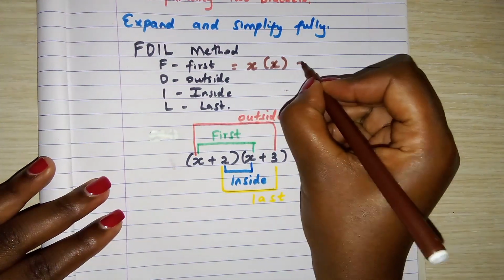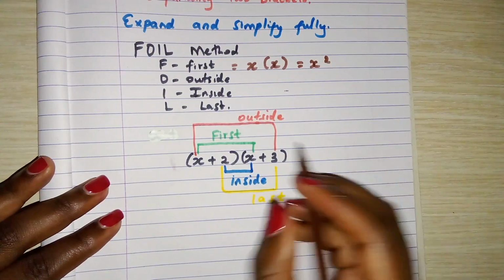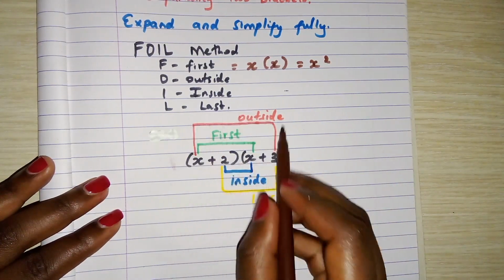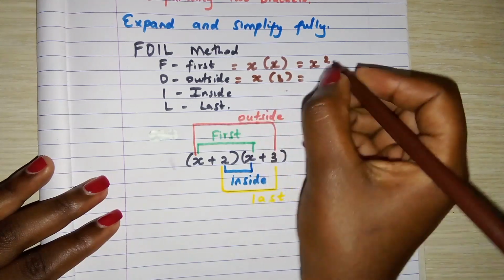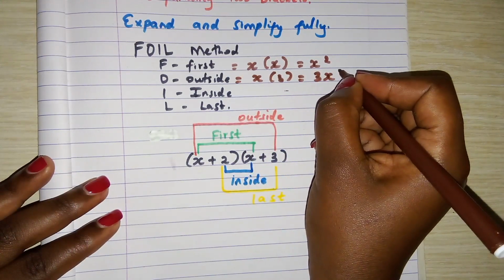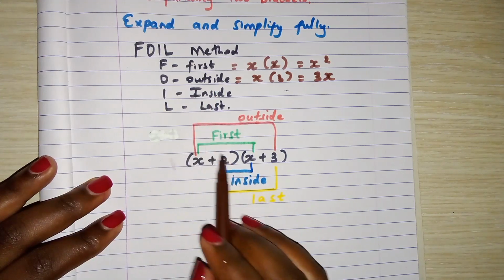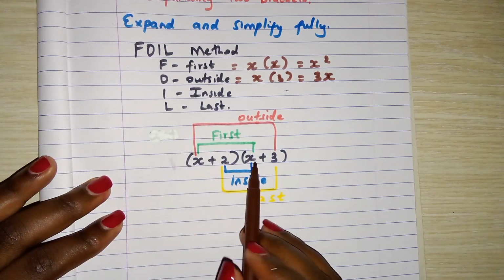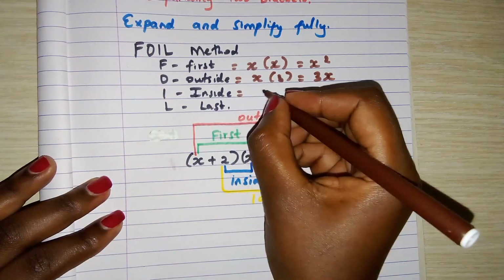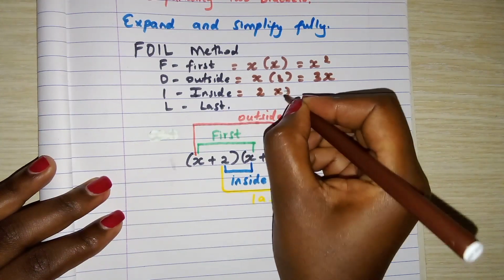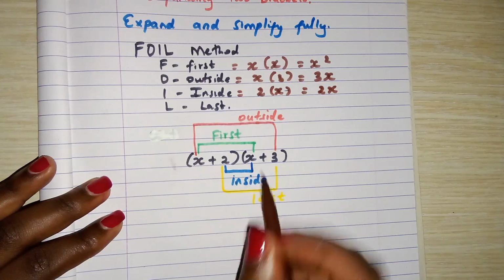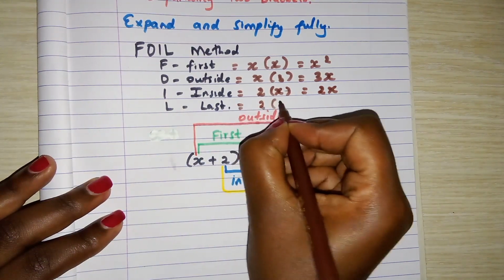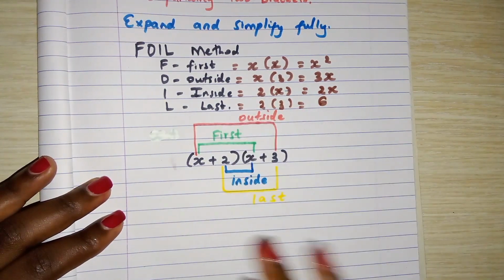So x times x is x squared, and then outside we have x and 3, so x bracket 3 would be 3x. Then inside we have 2 and x, that would be 2x, and last we have 2 and 3, so 2 bracket 3 equals 6.